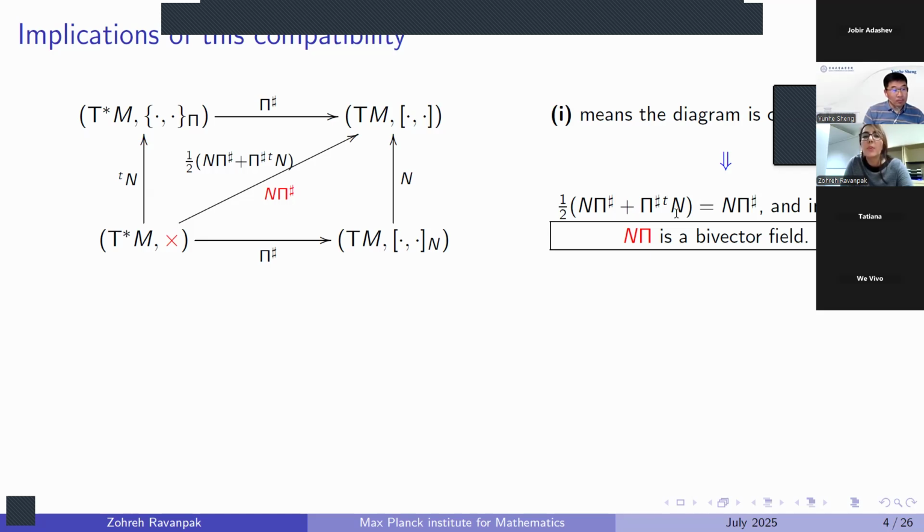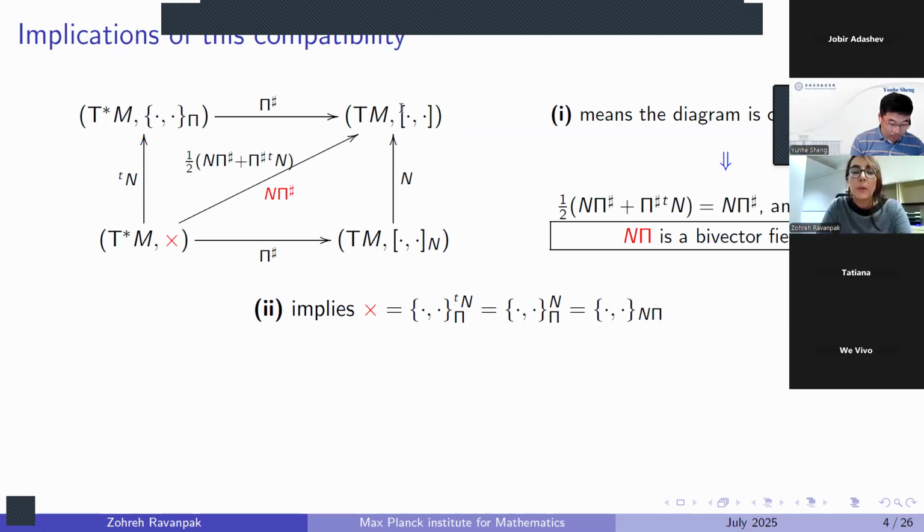Actually, the first condition shows that we have a new bivector. NP defines a new bivector. What does the second condition tell us? At the top, by pi sharp, we can dualize the Lie bracket of vector fields to a Lie bracket which I denote by bracket sub pi. Then we can dualize it via N transpose, and we get a bracket here, which we denote by N transpose pi.